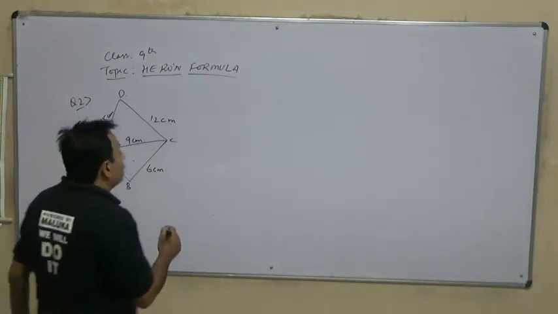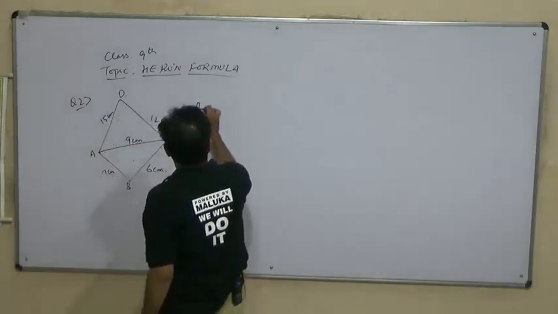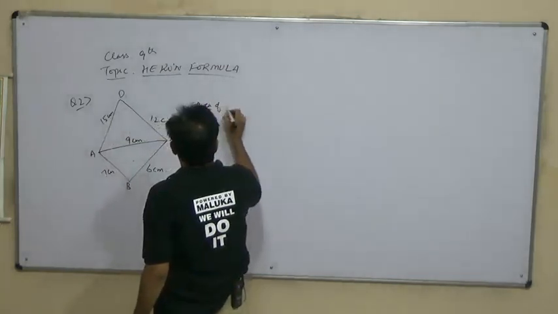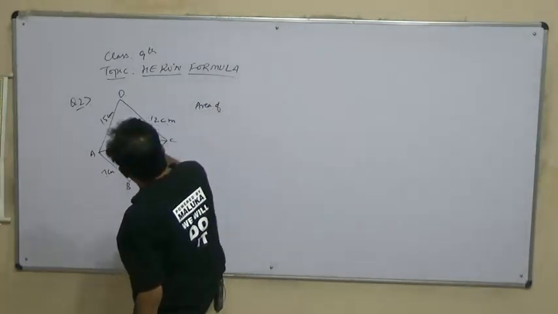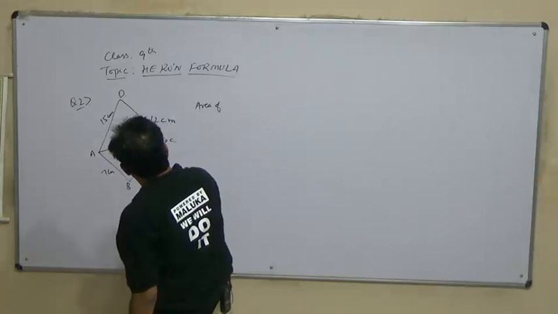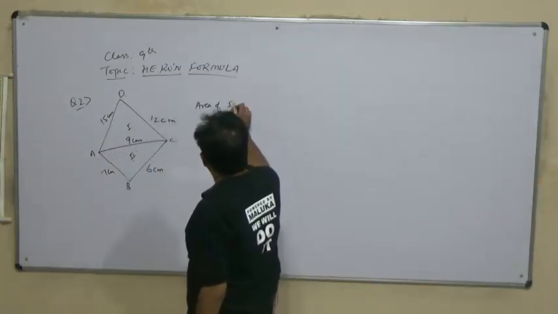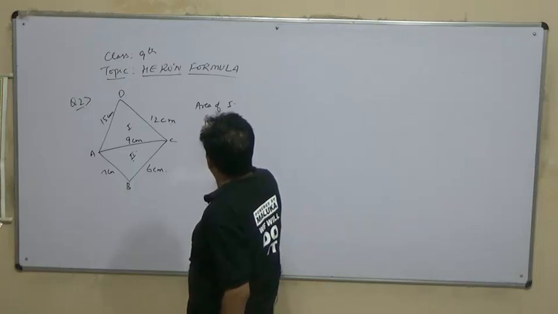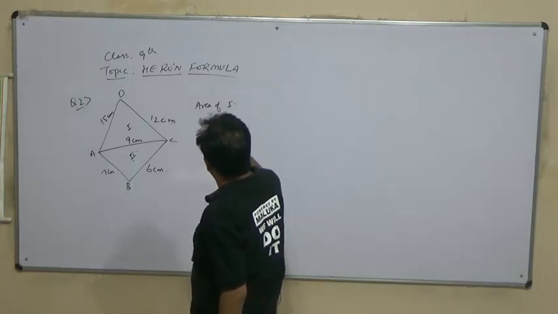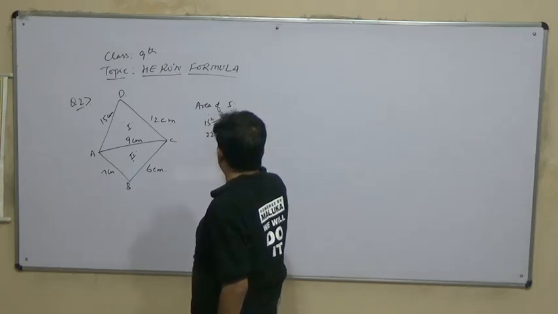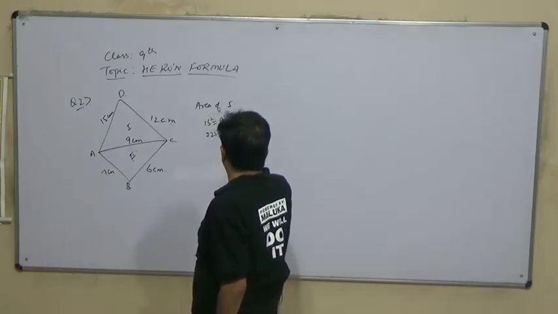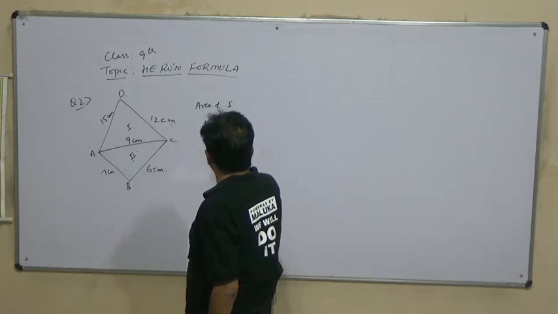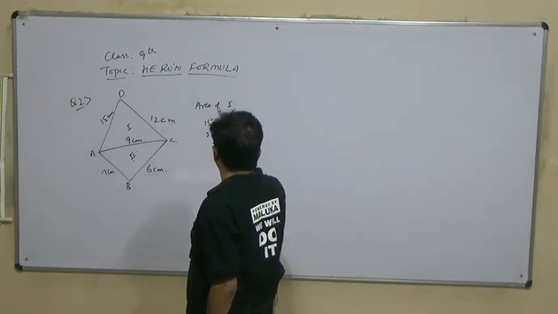Now if you want to find this area, this is figure 1, this is 2. Area of 1: if we check, we get that 15 square is equal to 9 square plus 12 square, because this is 225, this is 81, this is 144. So 225 is equal to 225.